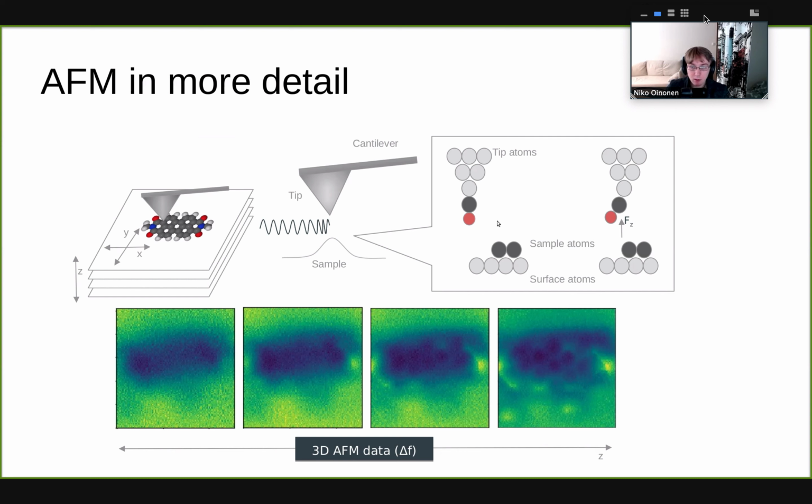And one of the important tricks in very high resolution AFM imaging is this idea of functionalizing the tip by attaching some additional particle to the end of the tip. A common one to use is, for example, the CO molecule. The idea here is that this additional particle at the end of the tip is flexible so that it can bend around the sample when you're approaching, so that it doesn't disturb the sample too much.